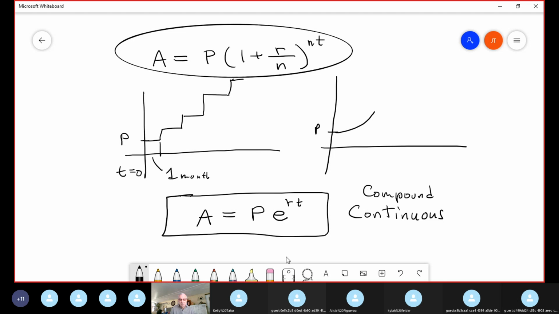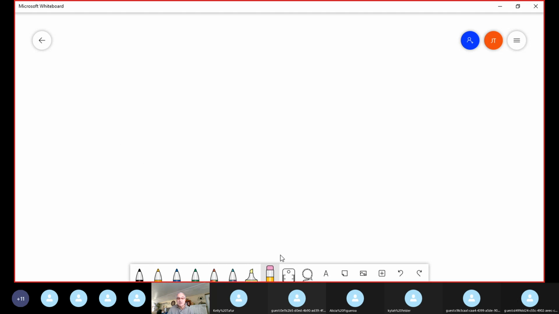Otherwise the problem gives no specification, so you suppose continuous, or the problem says you suppose continuous compounding. Let's do one more problem of continuous compounding, and that's it for today. So you have two formulas, discrete and continuous.